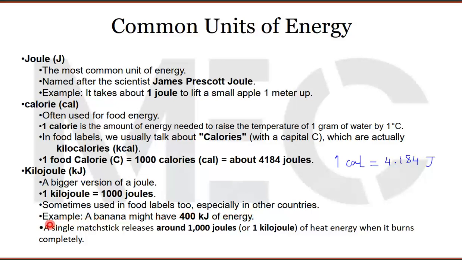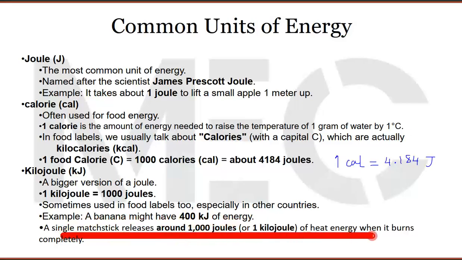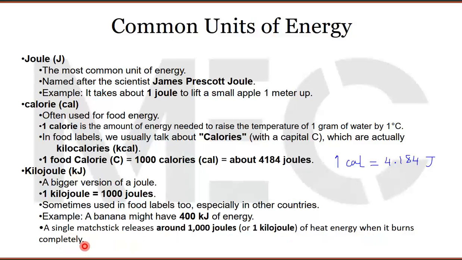Okay, let's have an example. An example of kilojoule is a banana might have 400 kilojoule of energy. Another example is a single matchstick releases around 1,000 joules or 1 kilojoule of heat when it burns completely. So when you burn 1 matchstick completely, it gives 1 kilojoule of heat.